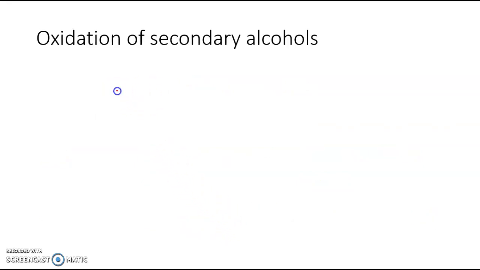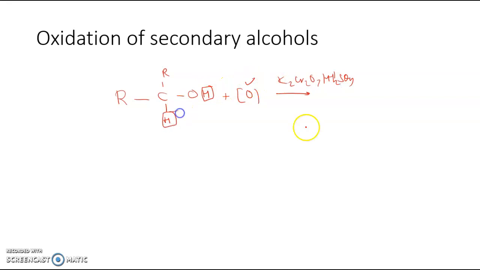Oxidation of secondary alcohol: secondary alcohols are those that are bonded to 2 carbon atoms, and it's the same concept as in the prior example where you remove the O-H and H from the same carbon.